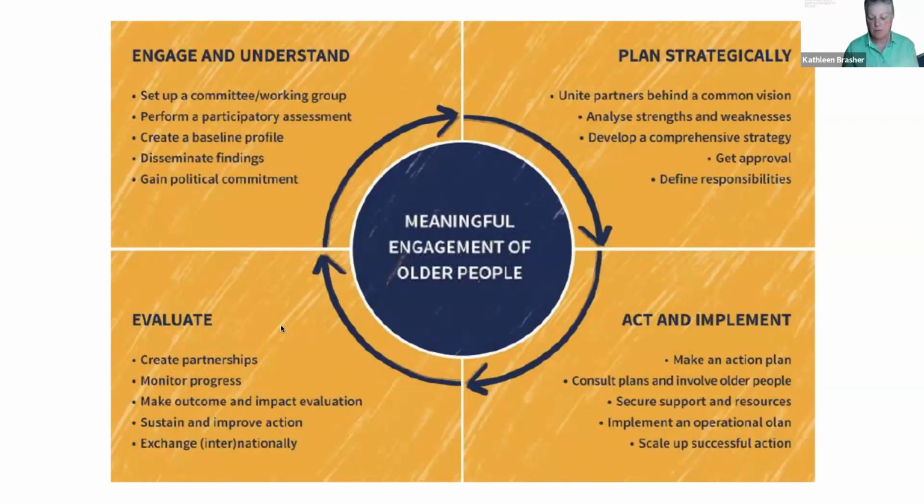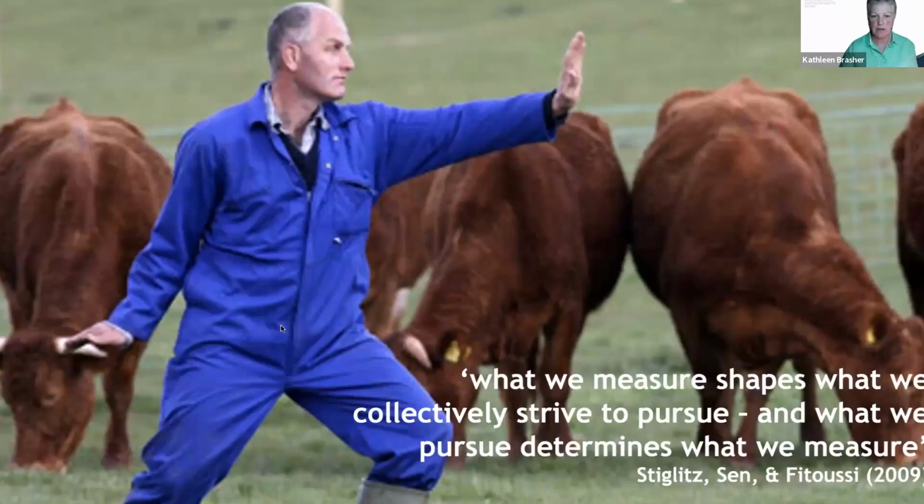But I do want to leave you with just 2 thoughts about measuring our progress and monitoring and evaluating our outcomes. The first comes from the Nobel Prize winning economists, who remind us very clearly that what we decide to measure absolutely shapes what we do. So we need to be very deliberate in that choice about what we're measuring.